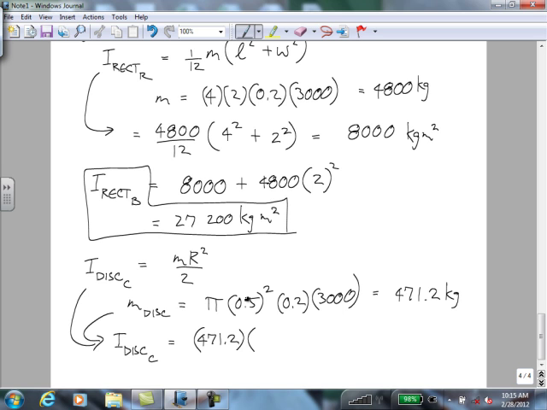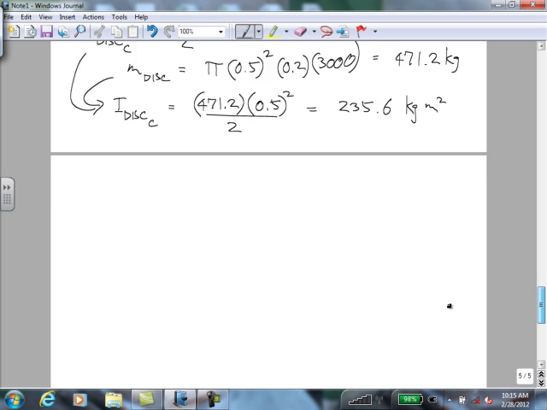Okay. And so the moment of inertia is 471.2 times the radius squared, 0.5 squared divided by 2. What do you get there?